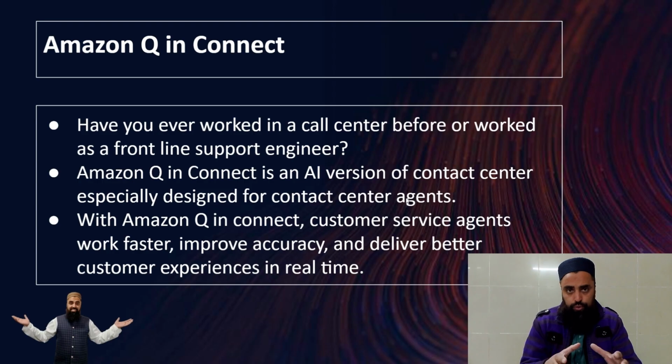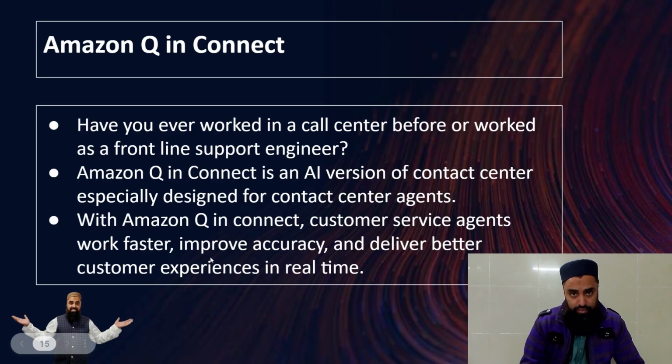For instance, you are using any service and you have questions that you would like answered, or you are facing issues, so you contact the chat support, and the chat support guys come online and try to fix your issues in runtime. That is the same thing known as Amazon Q in Connect, and it works faster. The results are accurate, it improves accuracy and delivers better customer experiences in real time.